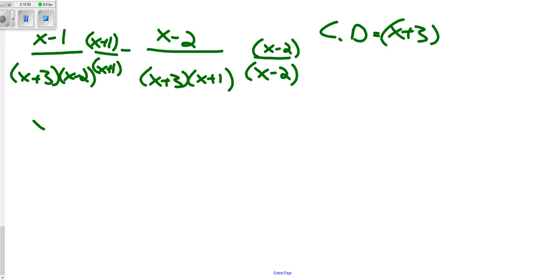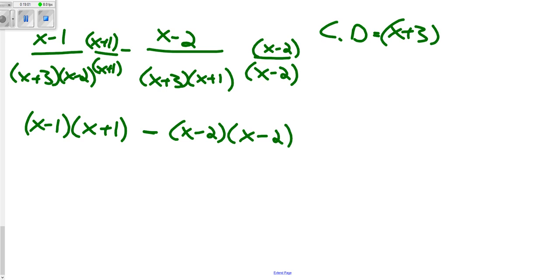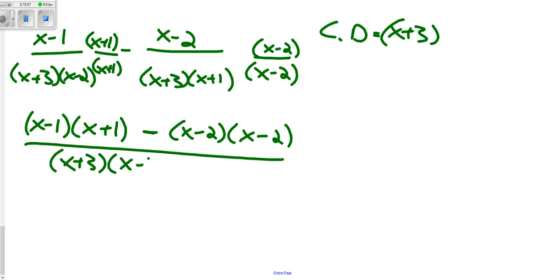Let's try that again. x minus 1 times x plus 1 minus, and my common denominator is now x plus 3, x minus 2, x plus 1. Okay, so now you do your FOIL here for both sets of brackets.